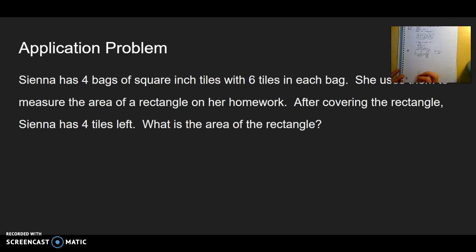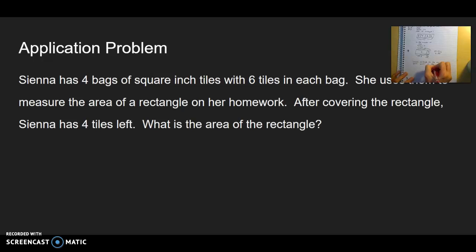Now it's time to write. Sienna's rectangle has the area of 20 square units.